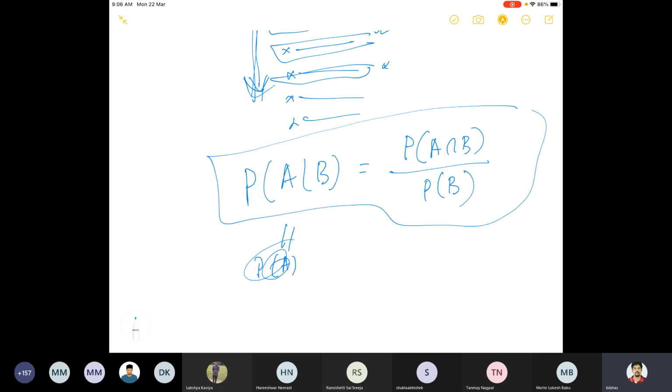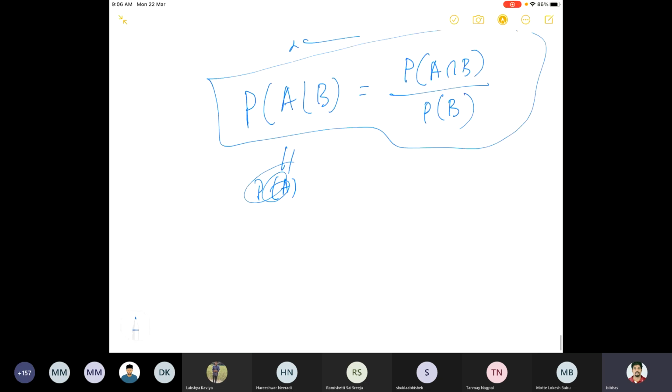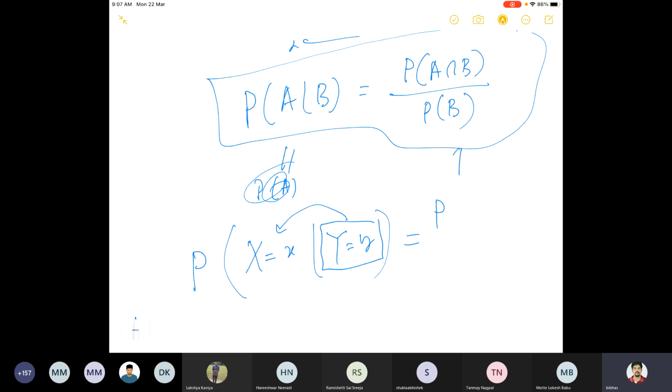Now see how the same definition will answer our query here as well. Here, A and B are nothing but X equal to small x, and B is Y equal to small y. I know that this has happened, and I am looking at how it is influencing the distribution of X. So if I use the original definition of conditional probability, it is the probability of X equal to x, Y equal to y, divided by the probability of Y equal to y.